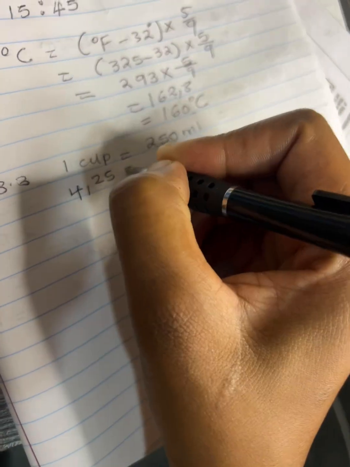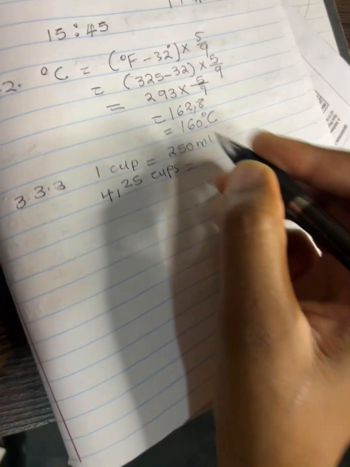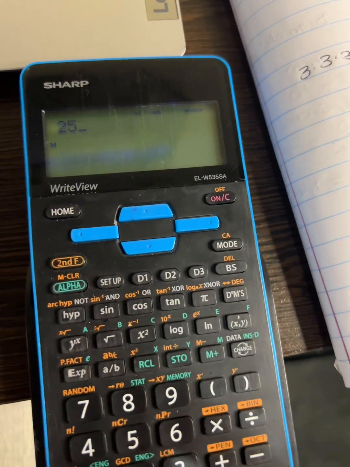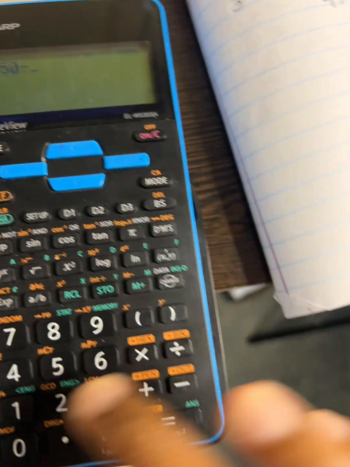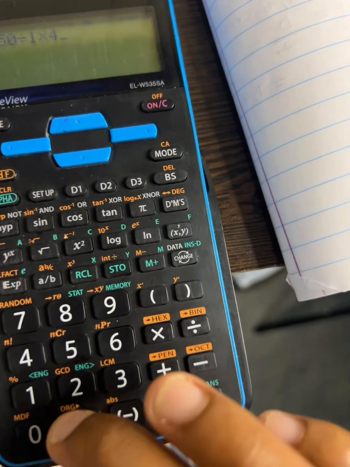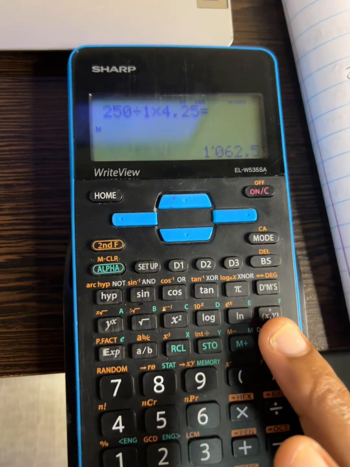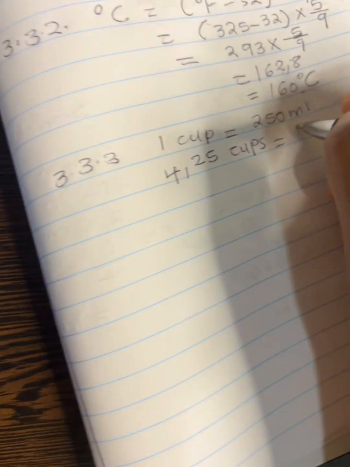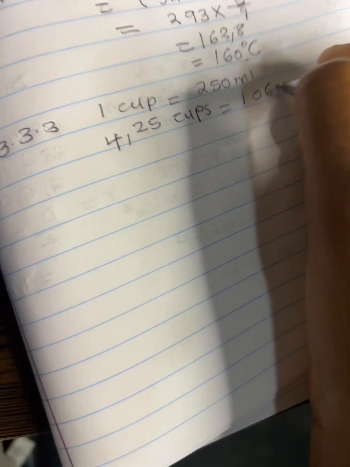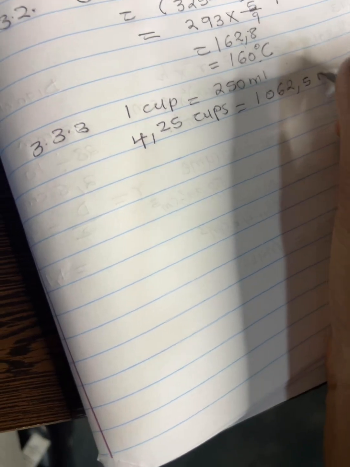We take the answer to milliliters first. Using the cross-multiplication method, 250 divided by 1 multiplied by 4.25, and the answer will be 1062.5 milliliters.